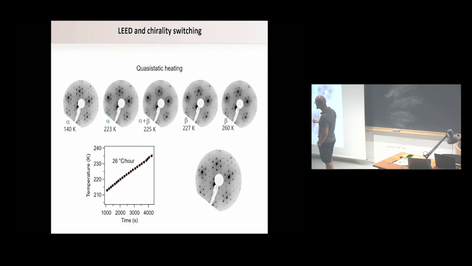Then in a few degrees you get this mix of alpha and beta phase, and then you switch into the beta phase. So the LEED is really very telling. And here I just show you a little movie. So here we are alpha, and then you will see that it switches to beta. The several images are different temperatures while we were increasing the temperature.